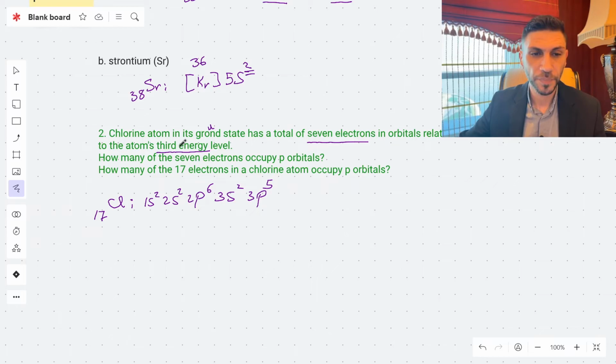All right. How many of the 7 electrons occupy p orbitals? So we need to look at all the p orbitals. We have 6 electrons in 2p, and we have 5 electrons in 3p. That is 11 electrons in p orbitals.